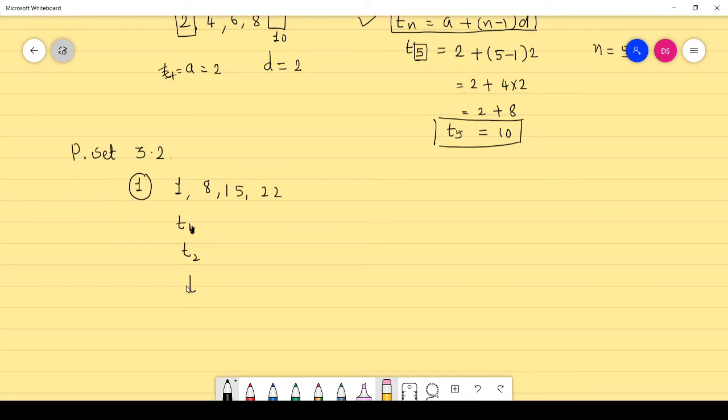What is the first term here? That is 1. What is the second term here? That is 8. What is the third term? That is 15. What is the fourth term? That is 22, right?